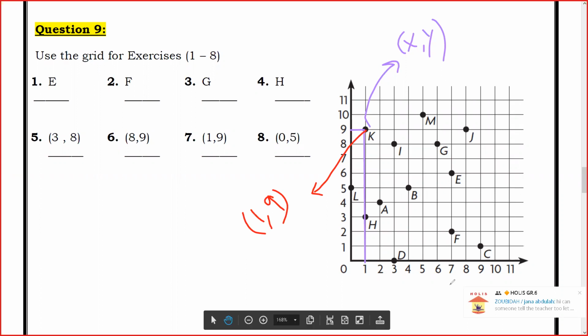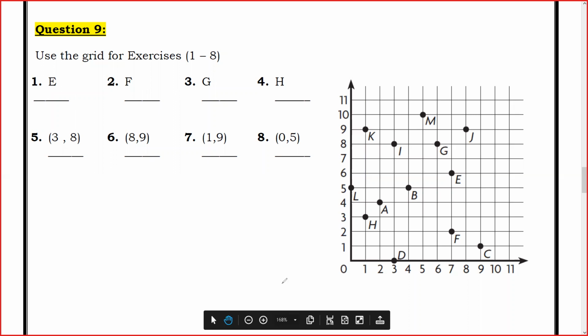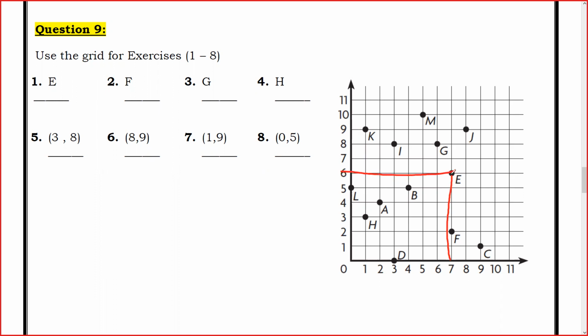Let's now do E. Where's point E here? This is E. Now where is its location? What is the coordinate of point E? Look at E. At which point on the x-axis?